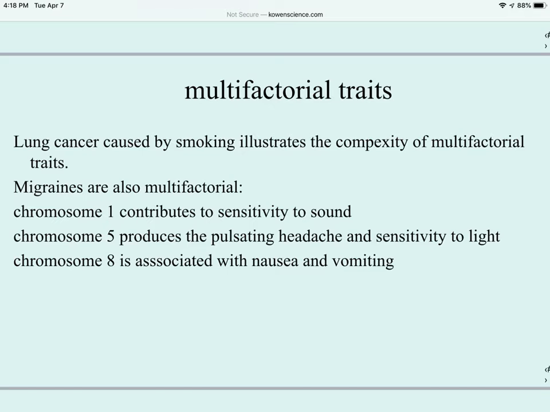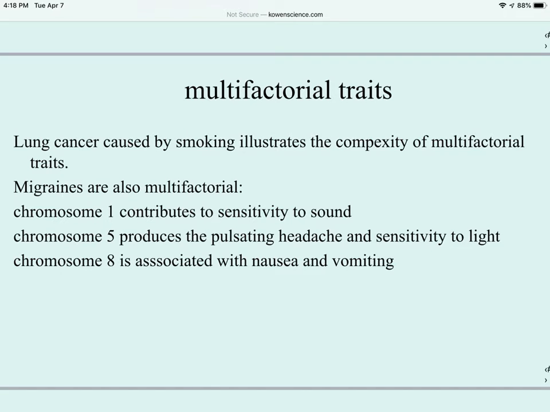Migraines are also multifactorial. If an individual has migraines, and my oldest daughter does, when they have the migraines, if they have sensitivity to sound, then that trait is coming from chromosome 1. If they have a pulsating headache and light sensitivity, then those traits are coming from chromosome 5.